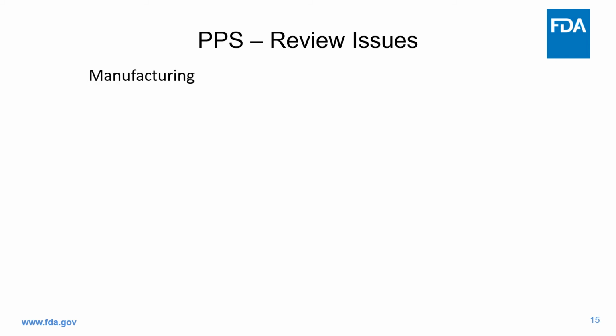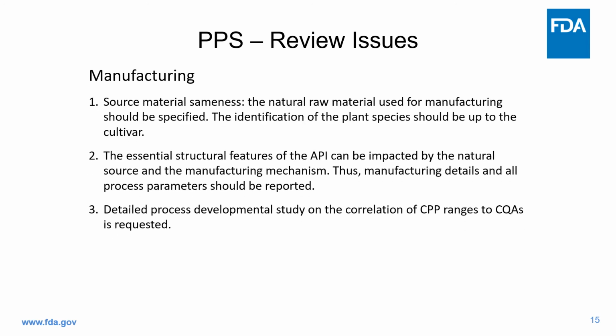Because PPS is manufactured from the naturally occurring xylan, which is extracted from the beechwood tree, the natural raw material used for the manufacturing should be specified. The identification of the plant species should be up to the cultivar, so that the source material sameness can be established.